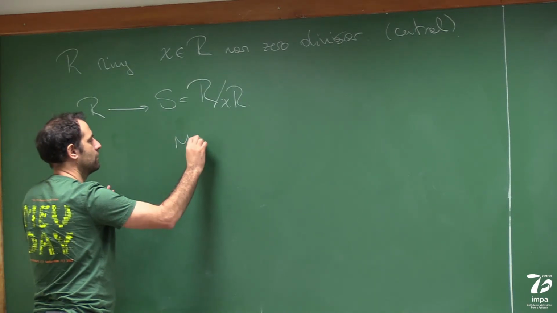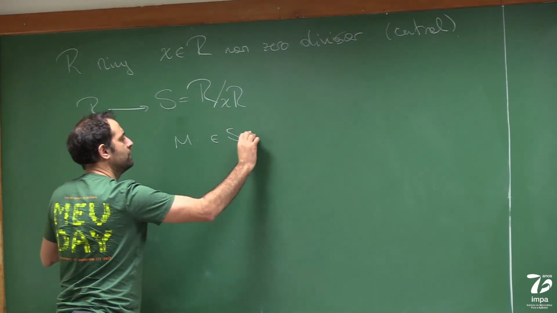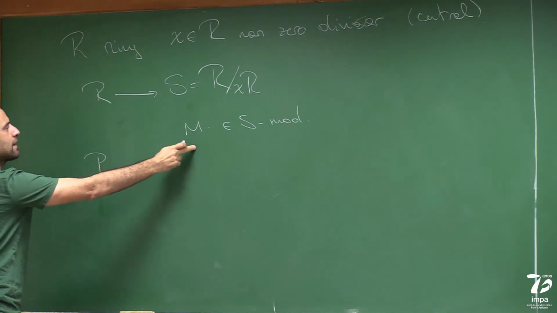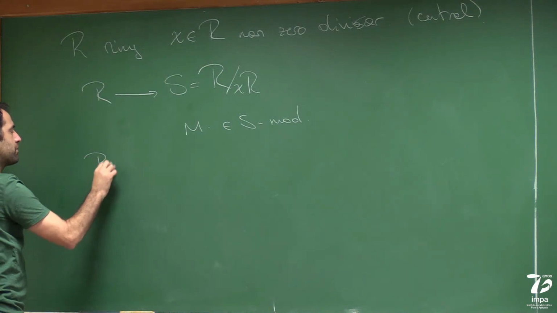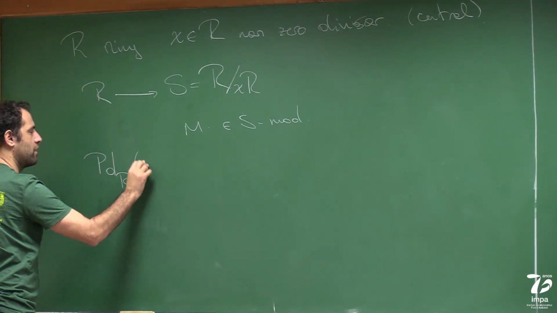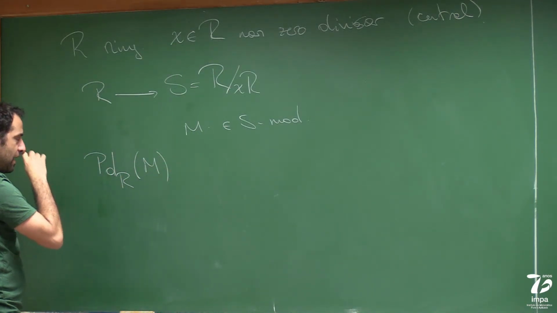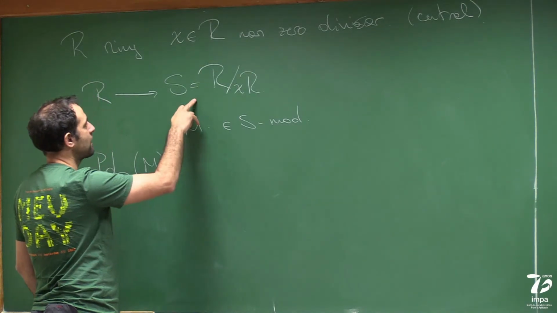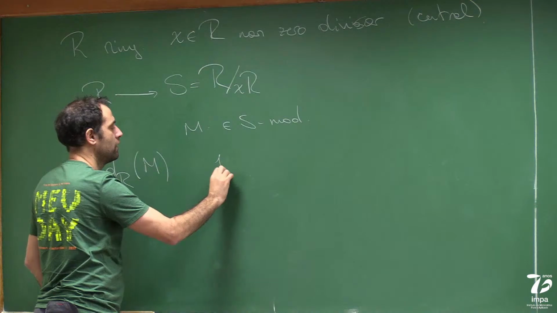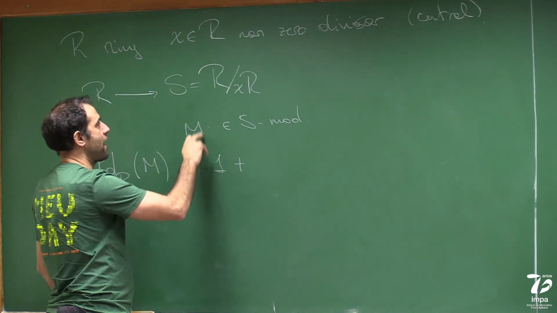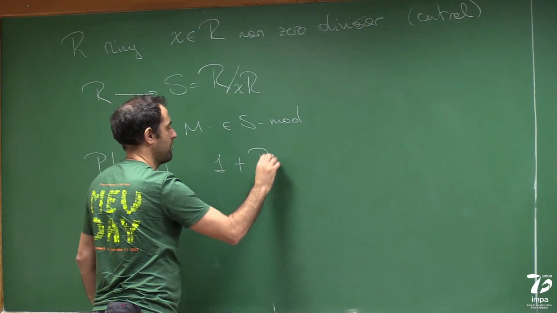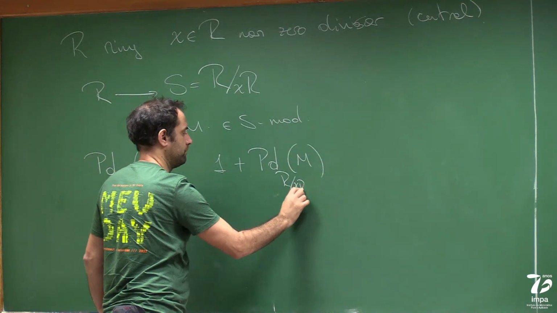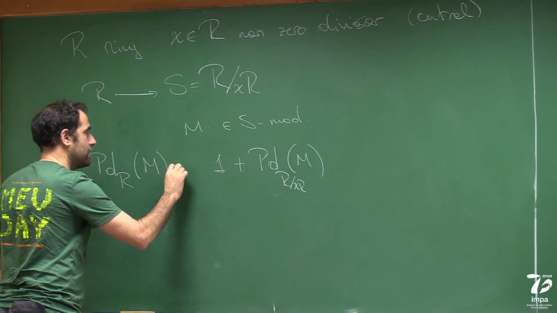When I write an S module, then we could look at that guy as an R module and look at what is the projective dimension over R of this M. And we had an inequality that compared, this was less or equal to the projective dimension of S over R, that's 1, and the projective dimension of M over S. But in this case, these are equal.